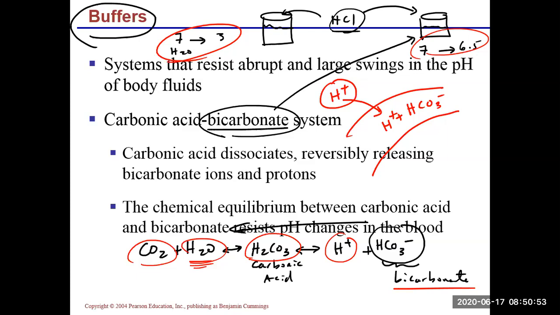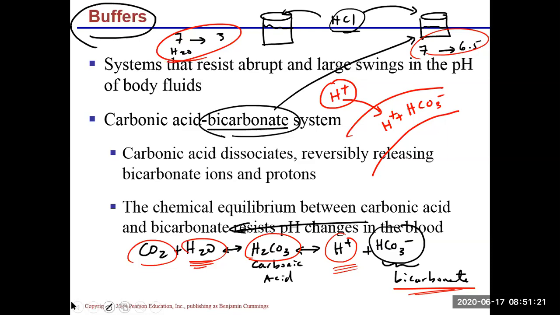No. Eventually, you're not going to have enough bicarbonate to deal with all this hydrogen ion. If your maximum has been reached, now a little bit of hydrogen ion, boom, is going to make the blood very, very acidic. And when that happens, a lot of proteins start denaturing, or perhaps changing their shape. A lot of enzymes are not going to work, so a lot of bad things can happen, folks.